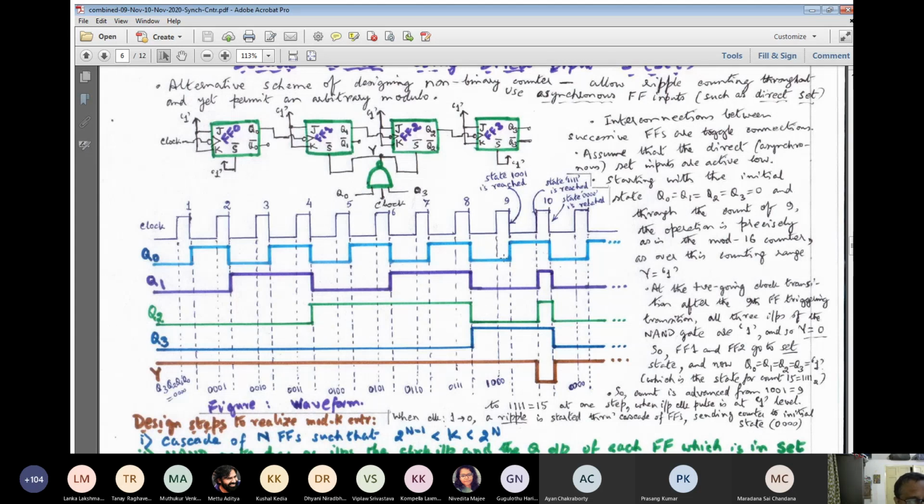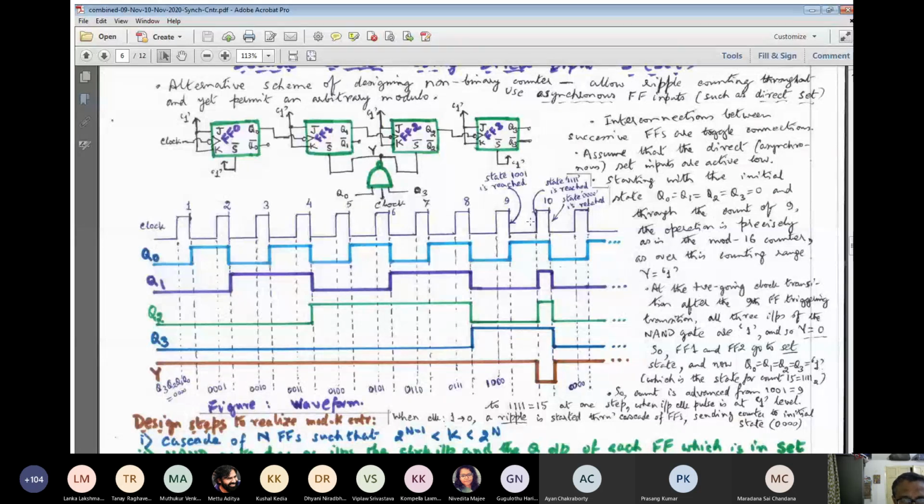The remaining Q1, Q2 will remain the same, and Q3 will also remain. So after 1000, it will become 1001. Clear? Now, next, the rising transition of the clock. Please, all of you, pay attention here. What happens at this point?